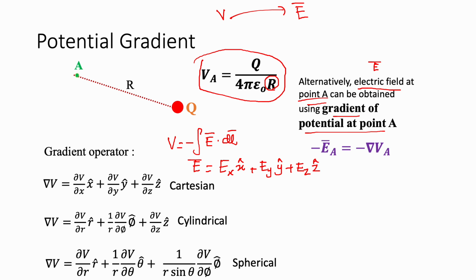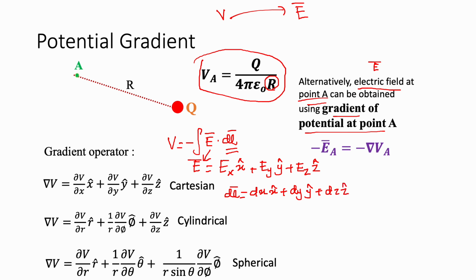For dl in Cartesian, it will be dx in the x direction, plus dy in the y direction, plus dz in the z direction.